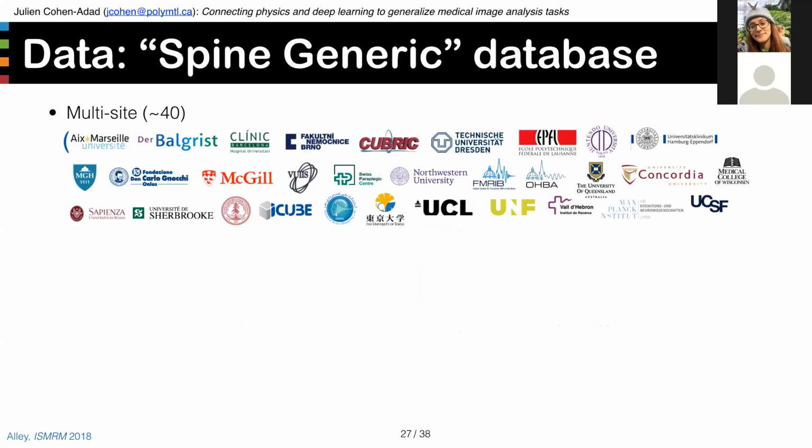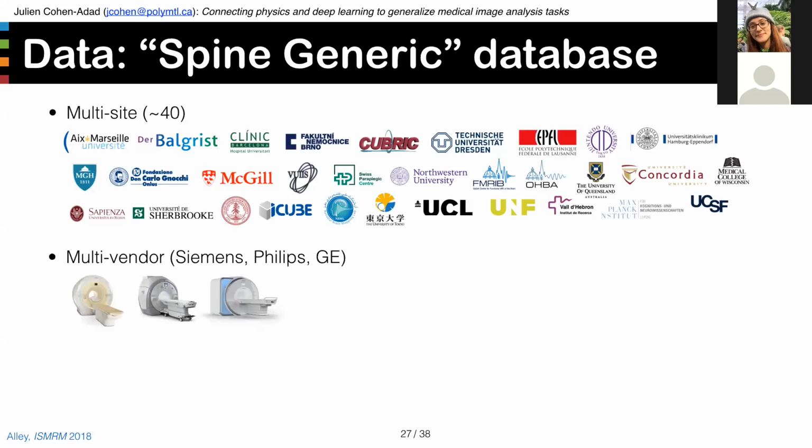So obviously we need data, and we need data from various centers. So we led an initiative with 40 different sites around the world that basically shared data, and each of these sites has a different MRI model and vendor.